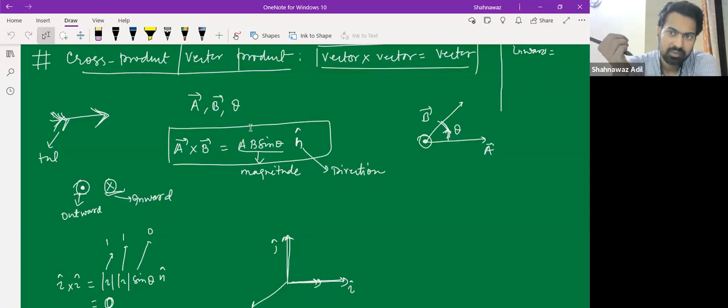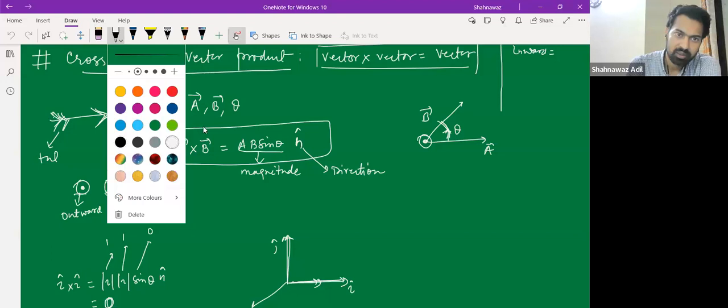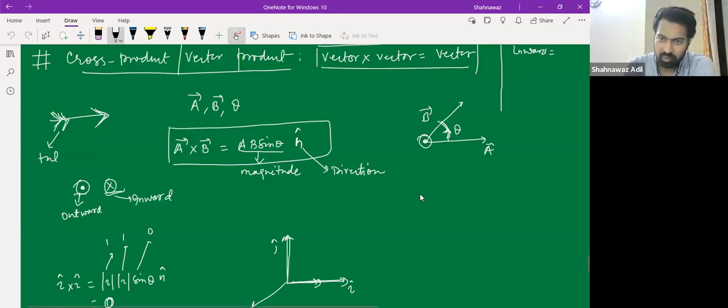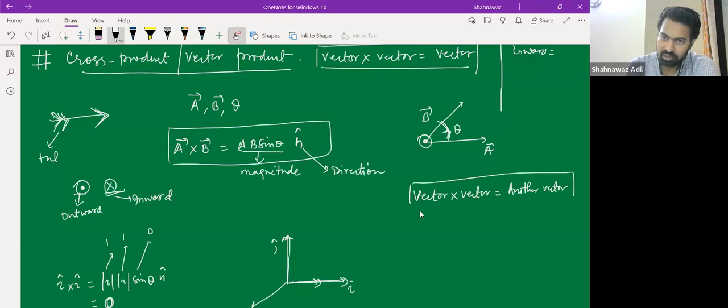No, I didn't get it. Okay, so I'm saying that when we multiply a vector with a vector and we get another vector, this is called the cross product.